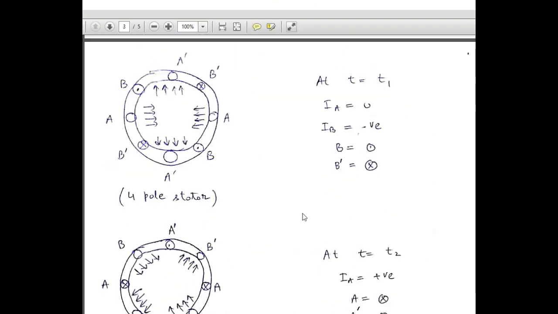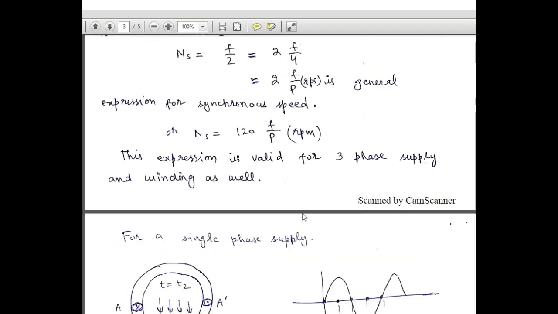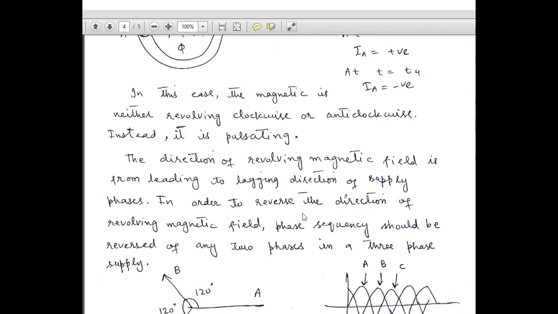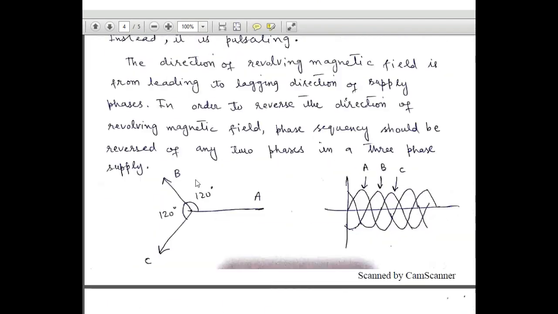Now, if we reverse any two phases, then the direction of revolving magnetic field will be reversed. And here you can see this is phase A, this is phase B, and this is phase C. So this is a three-phase system, and the angular separation between the three phases is 120 degrees, and the direction of magnetic field again in this case would be from phase A to B to C. Now, if we interchange the phases B and C, then the phase sequence will become ACB.